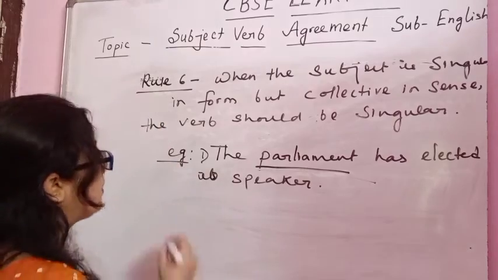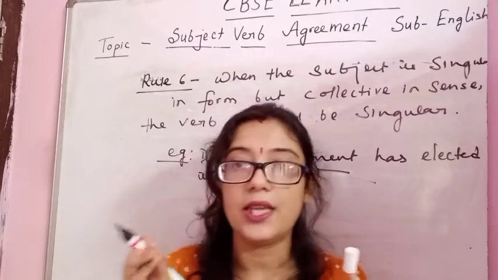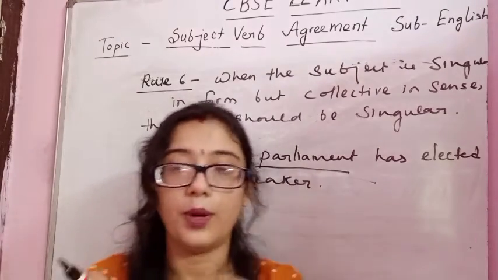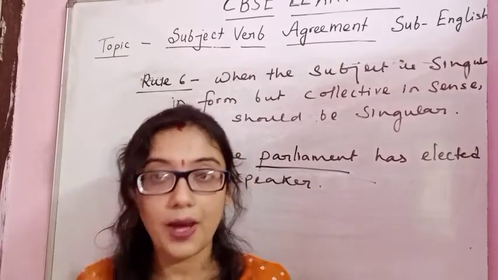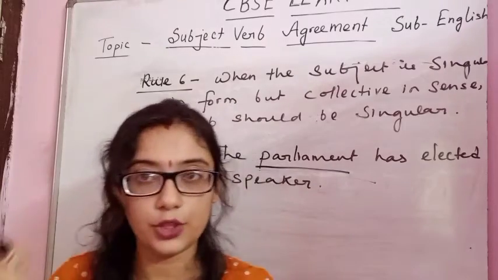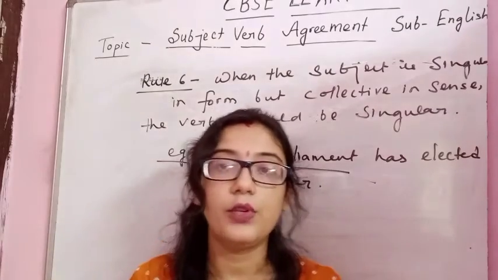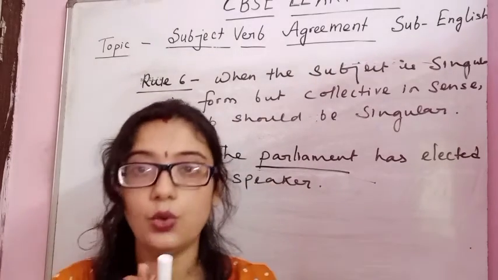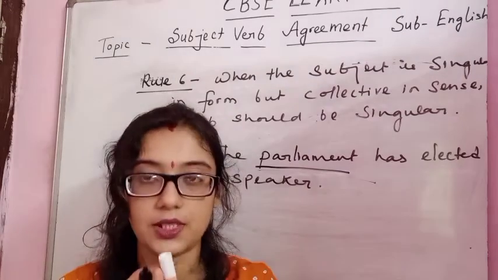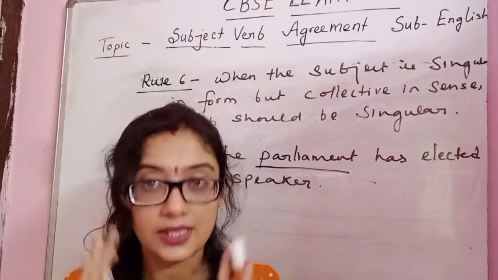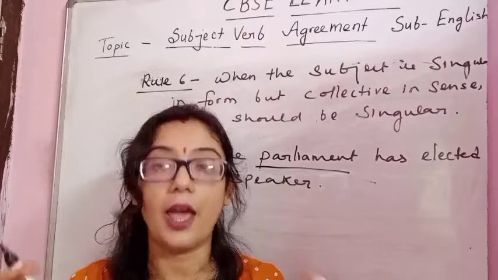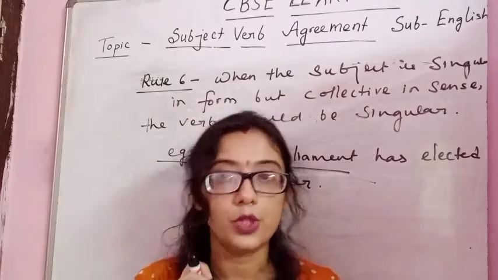For example, the word jury is singular in form but collective in sense. But if the members of the jury are having different opinions, if they are not united, if they have separate ideas, then the verb used will be plural.